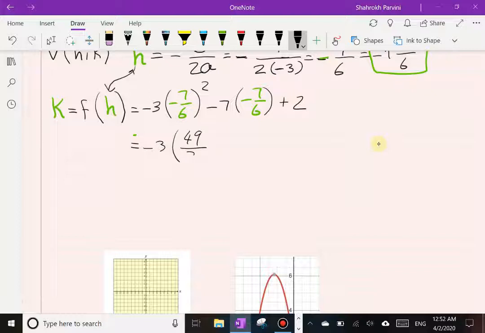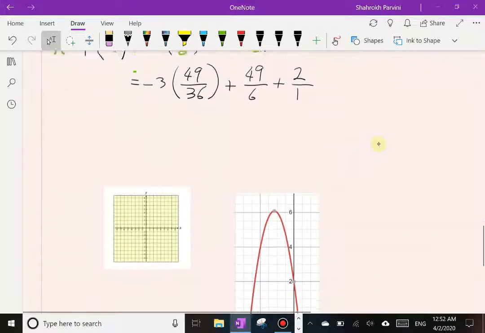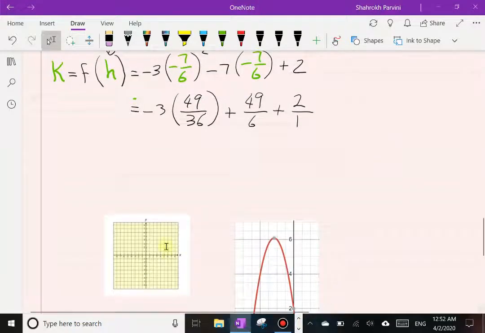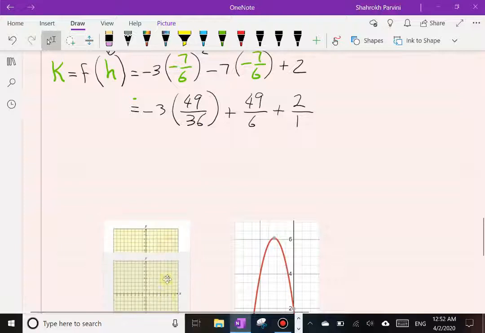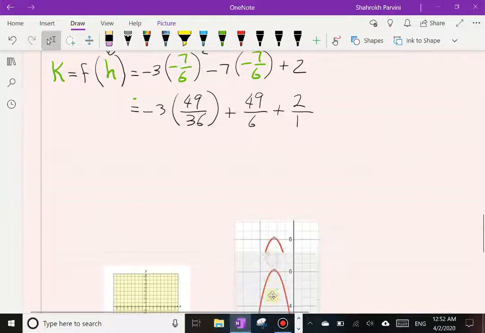That's going to be 49/36. And then negative times negative, positive, 7 times 7 is 49, we multiply 7 by 7 in the numerator, not the 6 in the denominator. I'm going to go ahead and write 2 as 2 over 1 in preparation for combining fractions, right? Because we're going to have some fractions to combine. They have to have the same denominator, otherwise they do not combine.